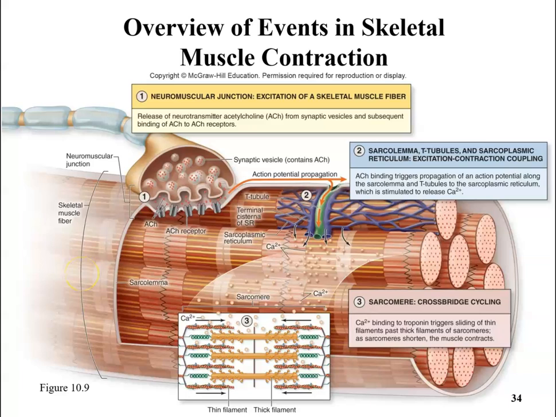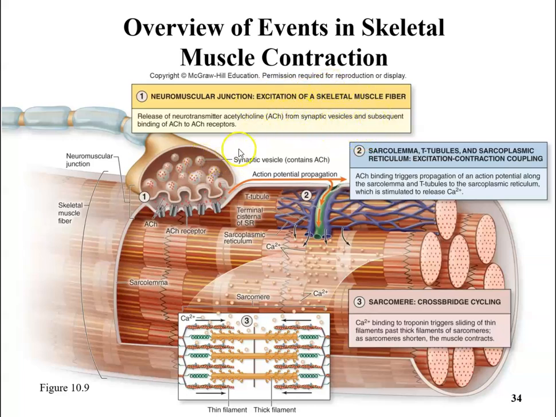Okay, so this diagram is just an overview of the events in skeletal muscle contraction. We've covered number 1 so far. Neuromuscular junction, the excitation of a skeletal muscle fiber. So we've talked about the release of neurotransmitter acetylcholine from synaptic vesicles, right?